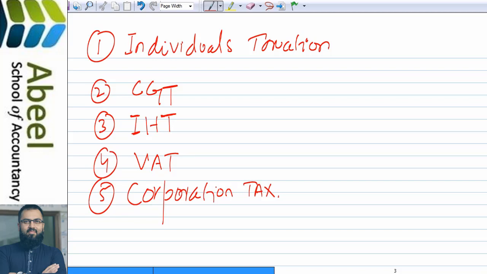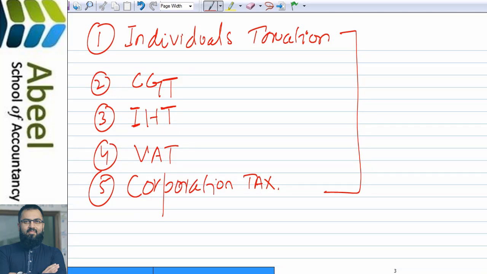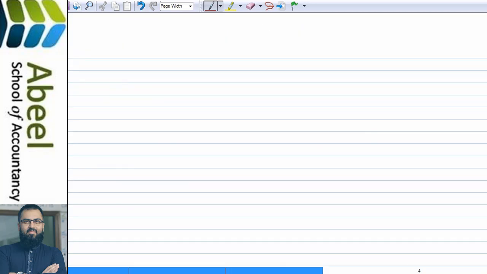Yes. What will be our way of studying? The sequence which I have written over here, we will follow this sequence strictly. And whatever topic I am going to start, I will be starting from scratch, keeping in mind that nobody has ever studied taxation before. In this way it becomes easy for me to explain.